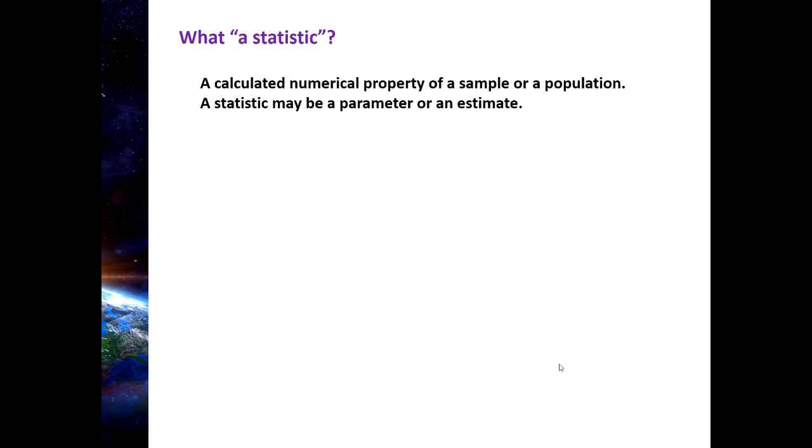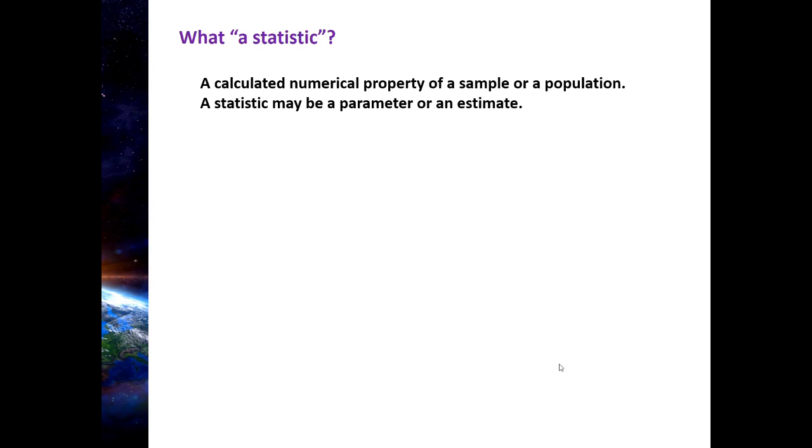So a statistic would be a calculated numerical property that describes you. So when I said that you're intelligent, you're inquisitive, you're friendly, those are not numerical properties. So those are not statistics. Now, if I gave you a friendliness test and you got a score, an actual number, then I could calculate something from those numbers, and let's say calculate the mean, and then the mean would be a statistic because it's a numerical calculation.